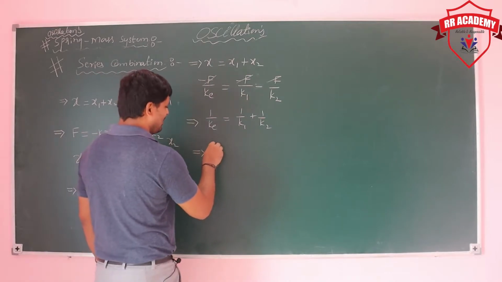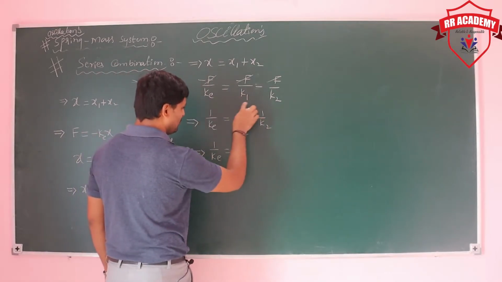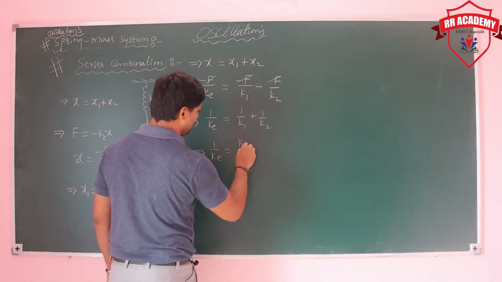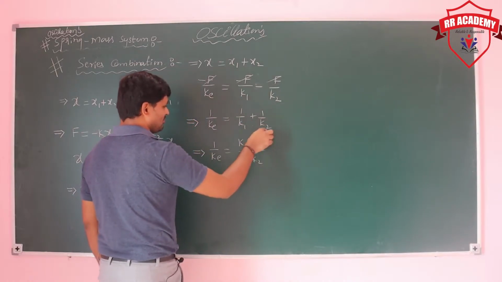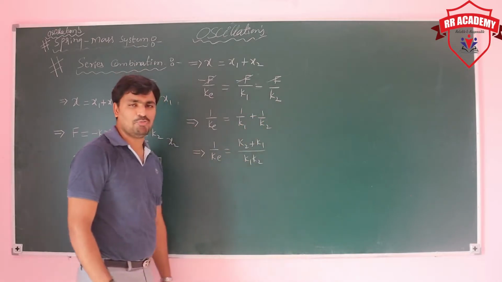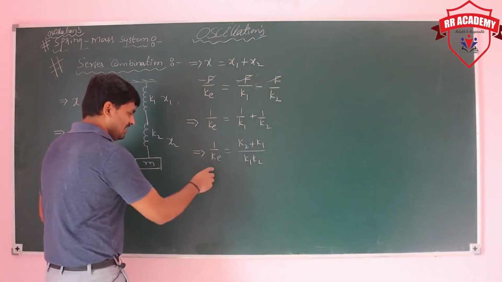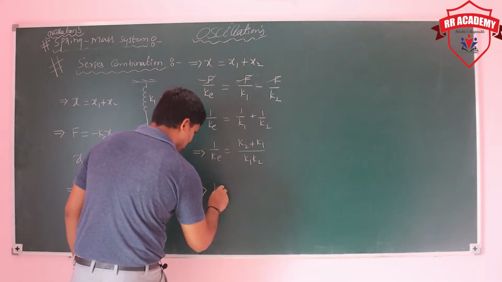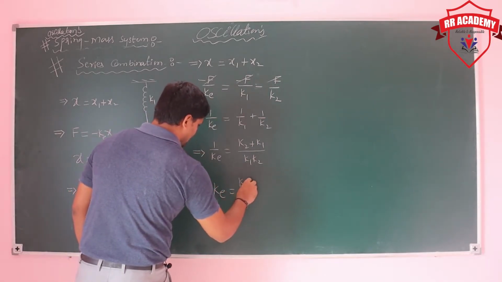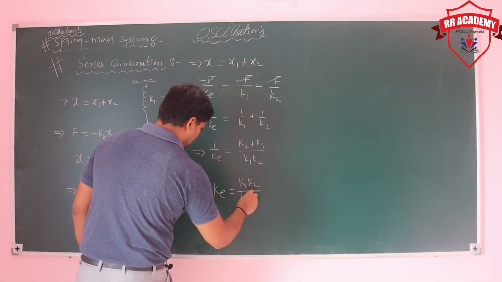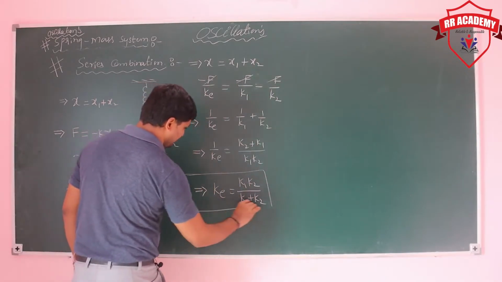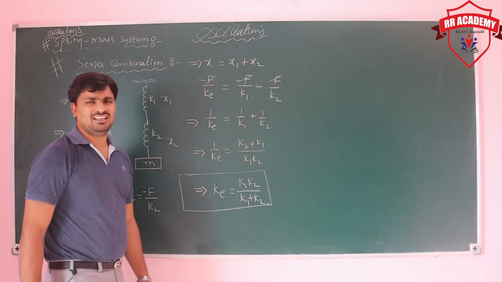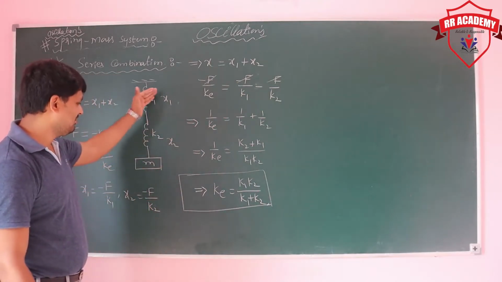Then finally, 1 by K effective, taking the LCM, is K2 plus K1 upon K1 K2. By cross multiplication, the K effective value is K1 K2 upon K1 plus K2. This is the effective spring constant when we connect in series combination.